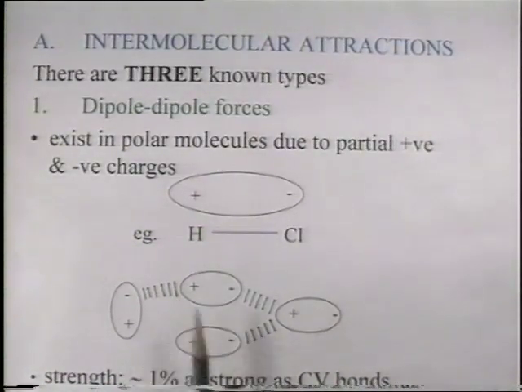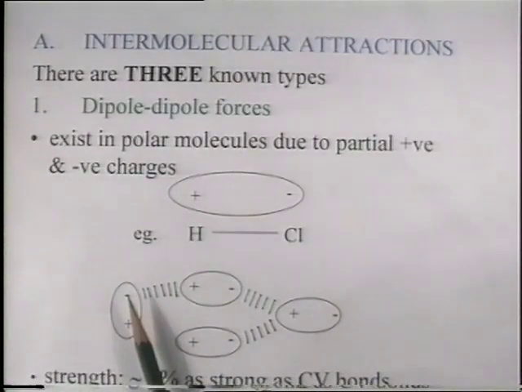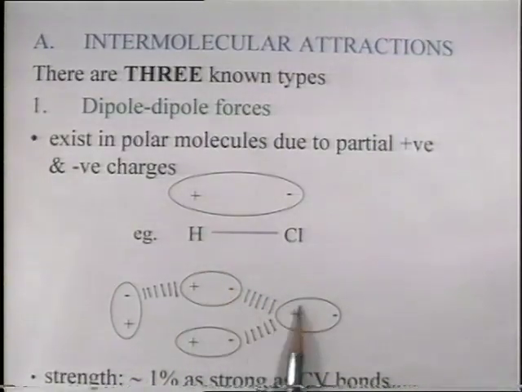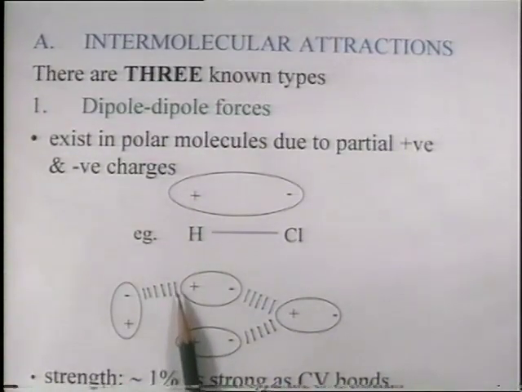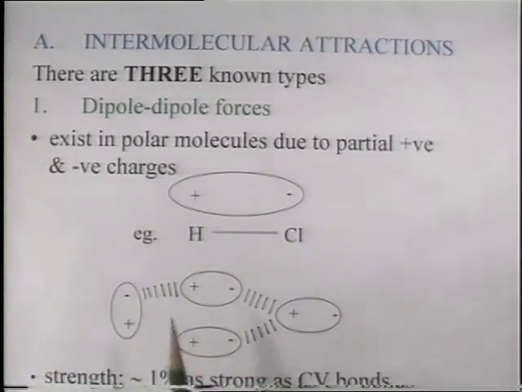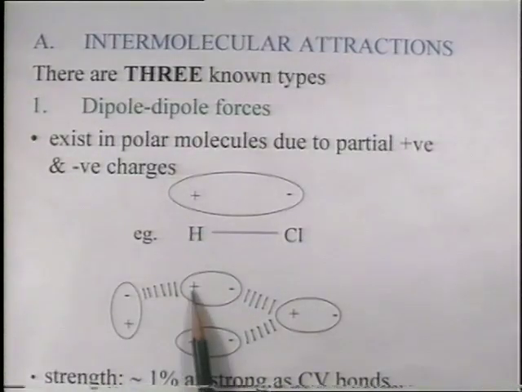Now down here we see the molecules of hydrogen chloride. That's one molecule of hydrogen chloride. That's another molecule, and that's another molecule, and another molecule. And there are many of them in a solution of hydrogen chloride. And I've shown here the attraction. As you know from your physics, negative and positive charges attract each other. So we have the attraction between this dipole and that dipole, the negative end and the positive end.